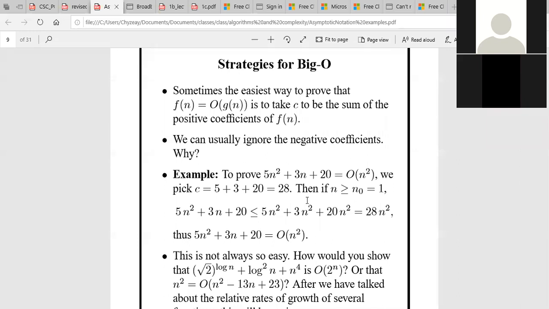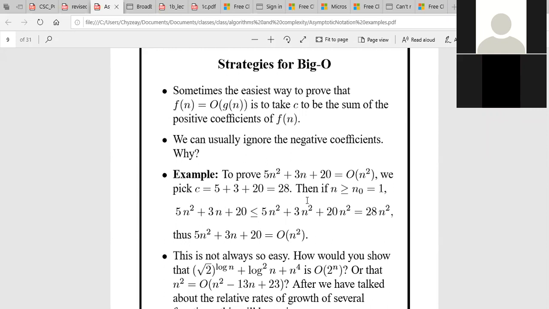Now, we want to look at how we can stylishly solve this problem. We understand that there is a relationship between f of n and big O of g of n. Of course, if you say f of n equals big O of g of n, it is very easy to prove, because all you have to do is put the c, which is the constant, and you find the sum as the sum of the positive coefficients of f of n.